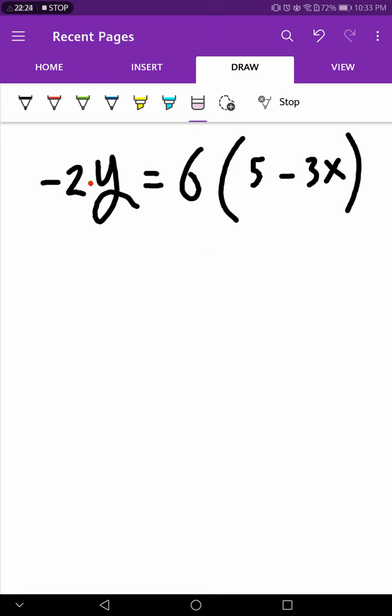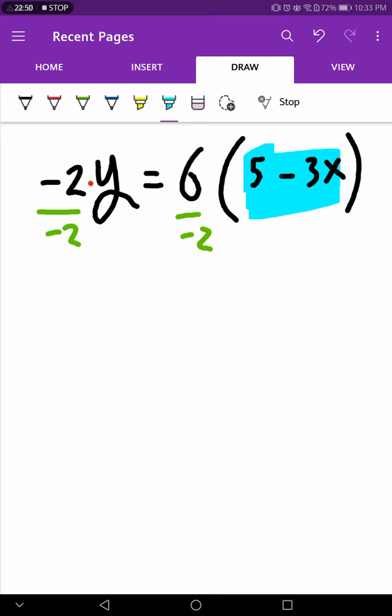So I will divide as the first step. I can divide this by negative 2 and this only by negative 2. The 6, the common factor, I can divide by negative 2 only, and the rest, what is inside the parentheses, leave it.